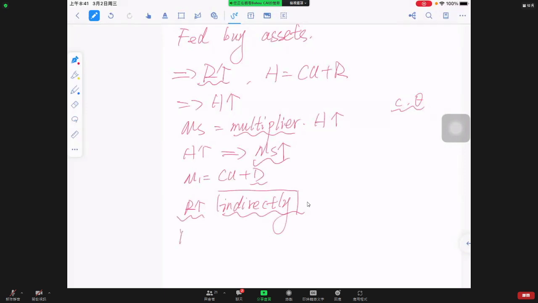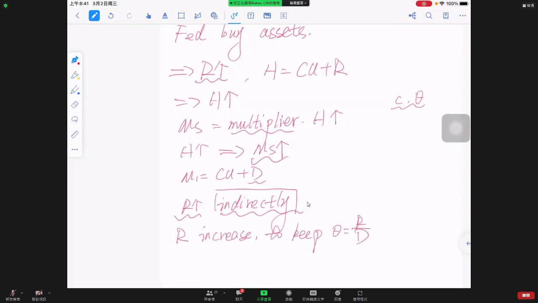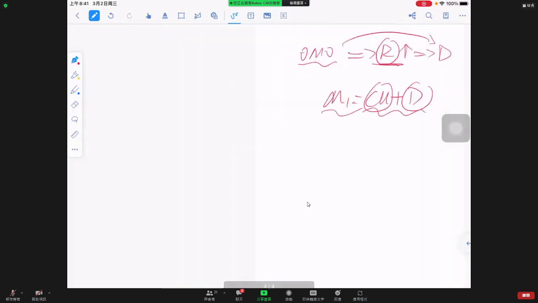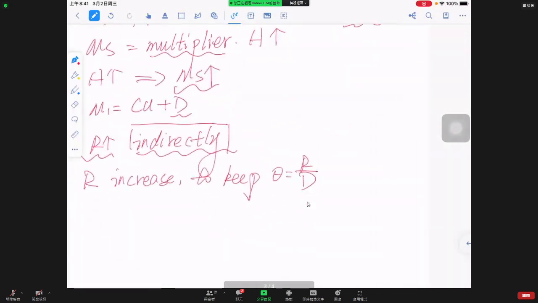By affecting R, R increases, and to keep theta the same, because theta, if it is the bonding ratio, is the target of the central bank, then D should increase, right?